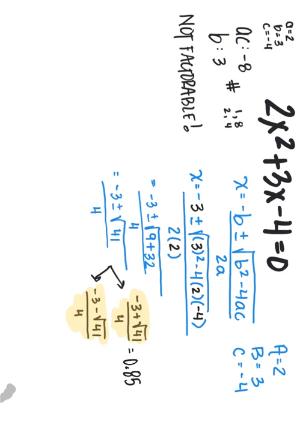And then again, negative 3 minus the square root of 41, push enter, and then divide it by 4, and we will get approximately negative 2.35. And again, these are our approximate answers, so if they ask you for a decimal form, you can just plug this in.